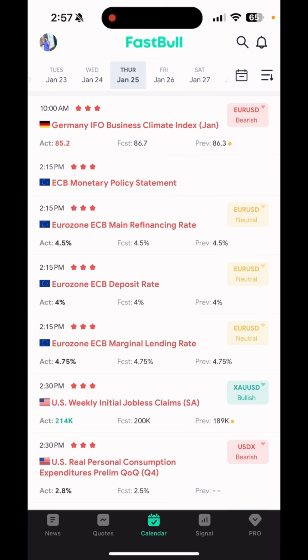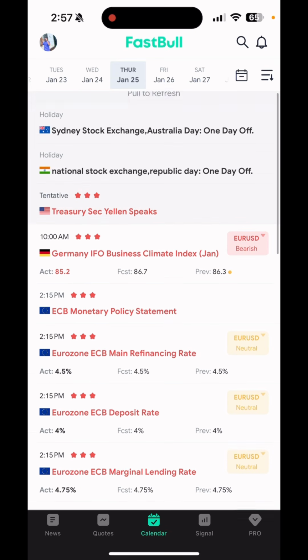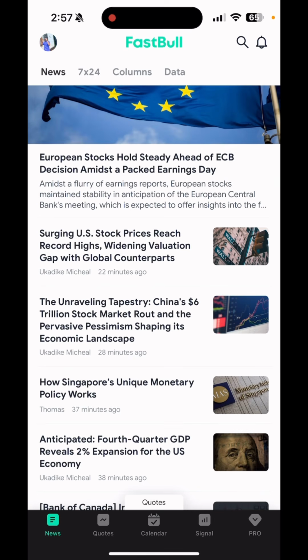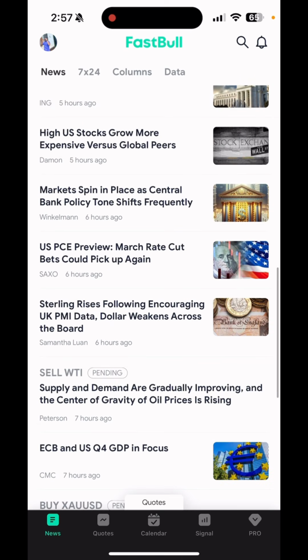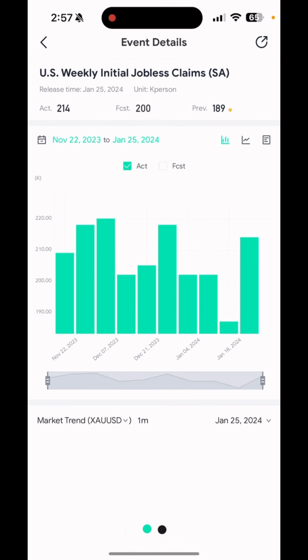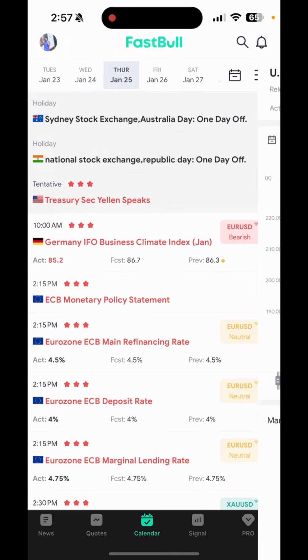It's not really bullish or bearish. It's just in between. So it's as simple as that. You can just go and troubleshoot around the app. It's very, very easy. So what you want to focus on here is the calendar and the signals. All right. So that is just it, guys.